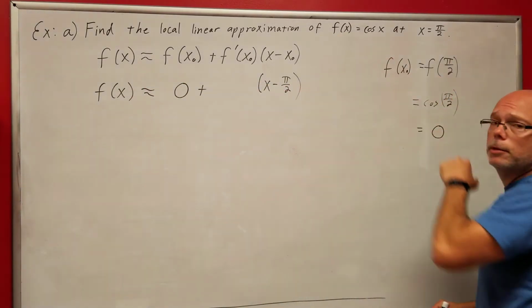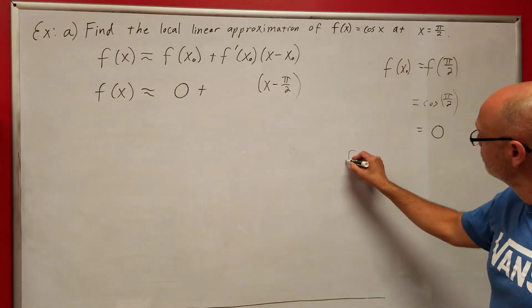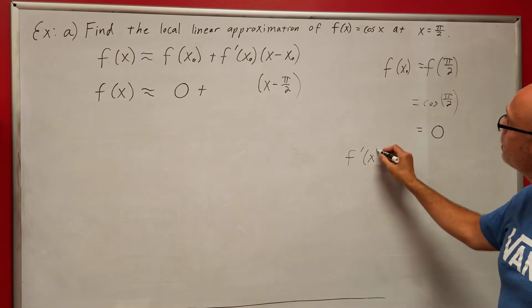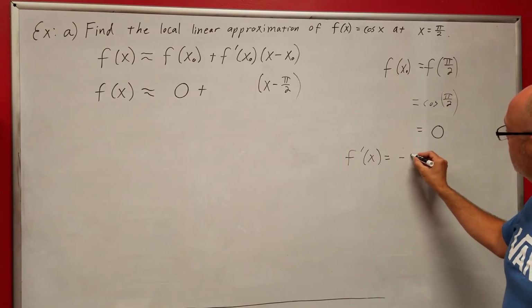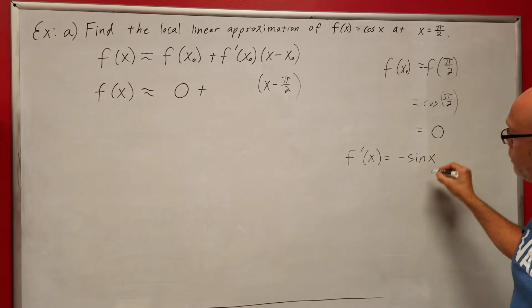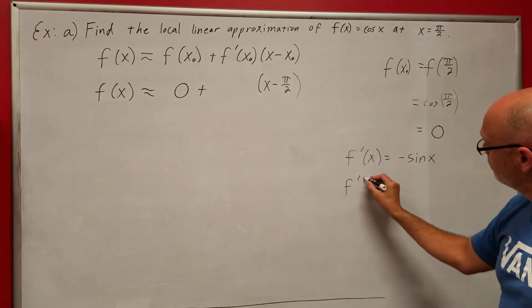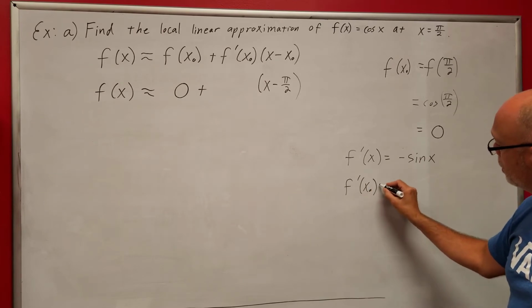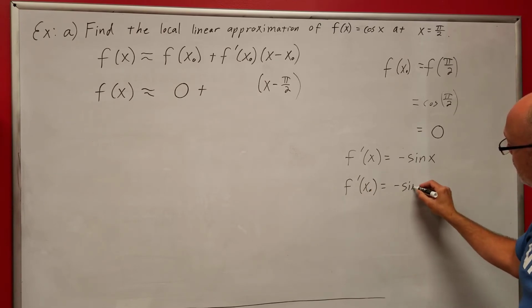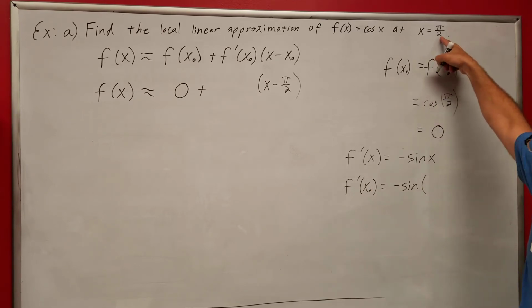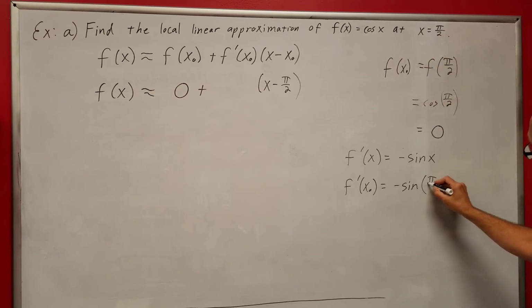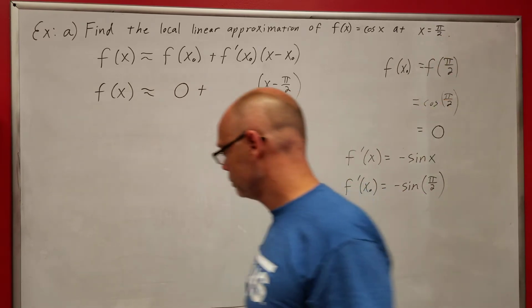Let's find f prime of x. F prime of x is equal to negative sine of x. And f prime at x naught would be what? Negative sine of pi over 2, since x naught is pi over 2.